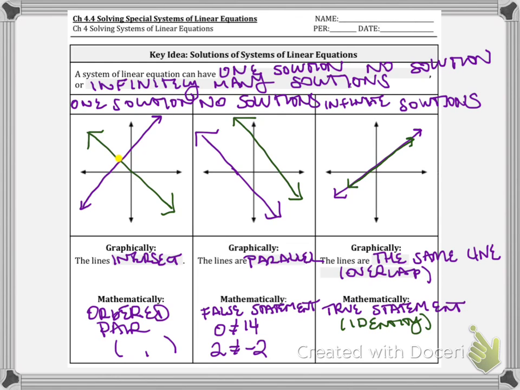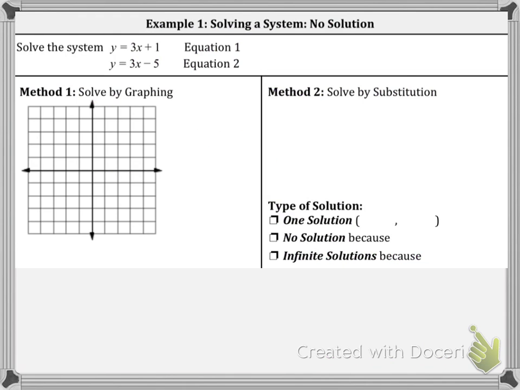Some examples of those are -2 equals -2, 3 equals 3, 100 equals 100. You could even have x equals x, right? They equal each other.